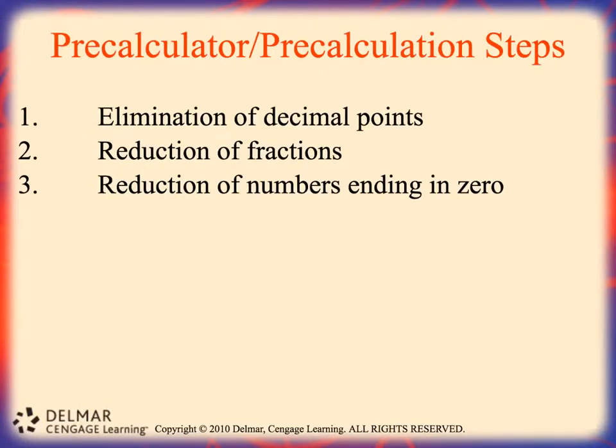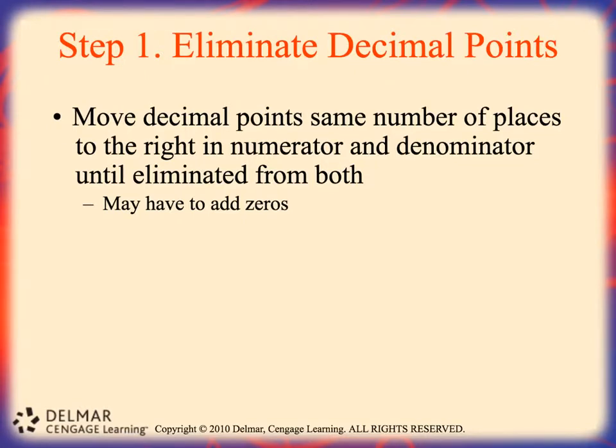So if we're not using a calculator and we're going to divide a decimal, we want to eliminate our decimal points, reduce our fractions, and reduce numbers ending in 0. The key here in getting a correct answer is to move the decimal points the same number of places to the right in the numerator and denominator.